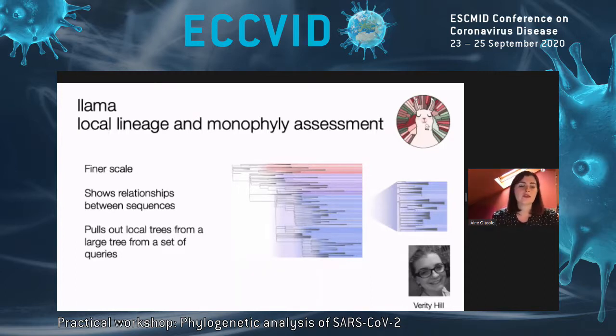So, if you have an outbreak example or something like that, and you're looking for finer scale information, and you want to show relationships between your sequences, you can pull out local trees from the large 100,000 phylogenetic tree from a set of sequences of interest. And we've been finding this really useful in the UK, investigating outbreaks.